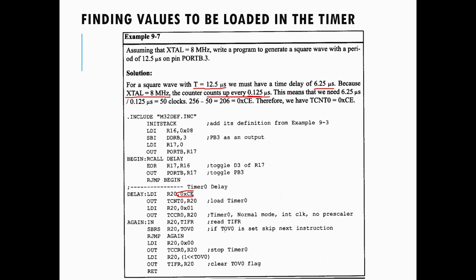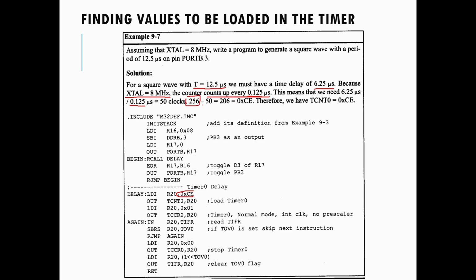Therefore we need to have 6.5 microsecond of time delay here. We need to divide it by the count time. The count time is 0.125 microseconds. Therefore we have 50 clocks. Here from this we know that we have the 256, the FF.